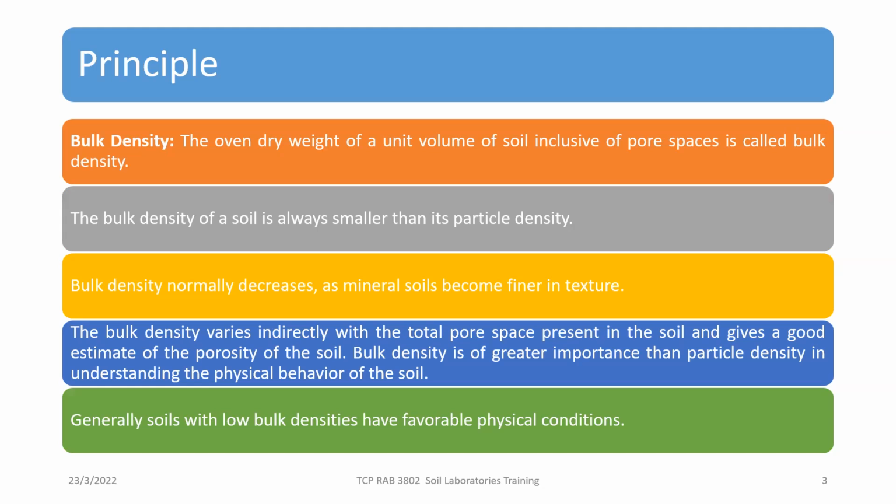As a very common general rule, the bulk density of the soil is always smaller than its particle density. Bulk density normally decreases as a mineral soil becomes finer in texture, so the bulk density of sandy soils is higher than that of clay soils.